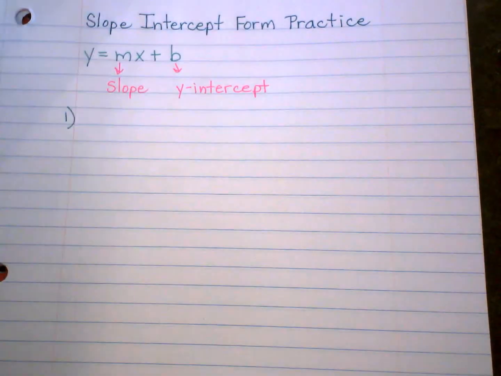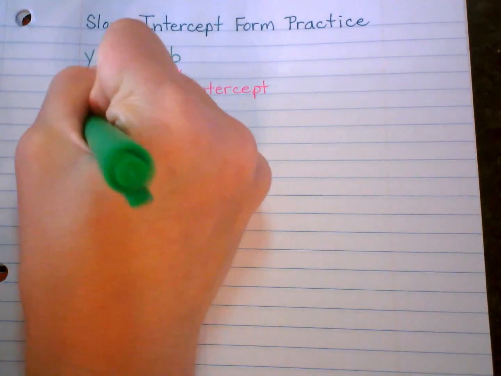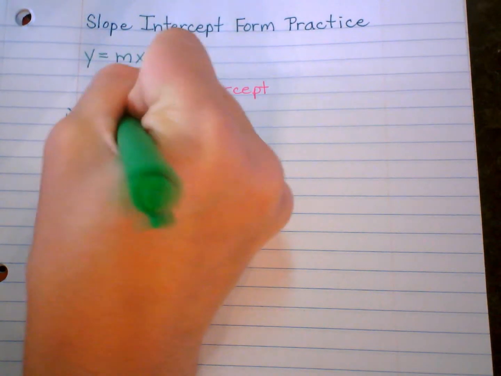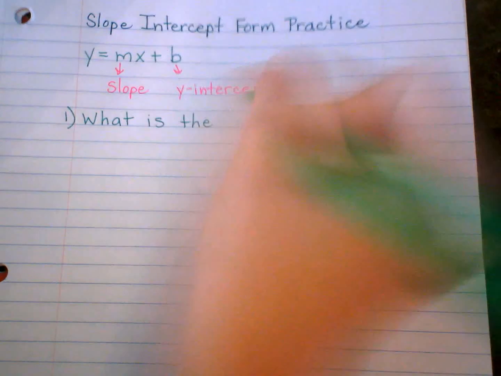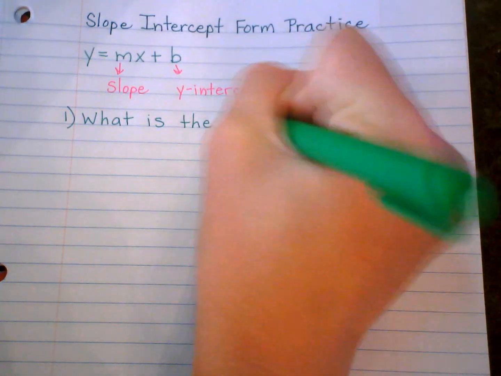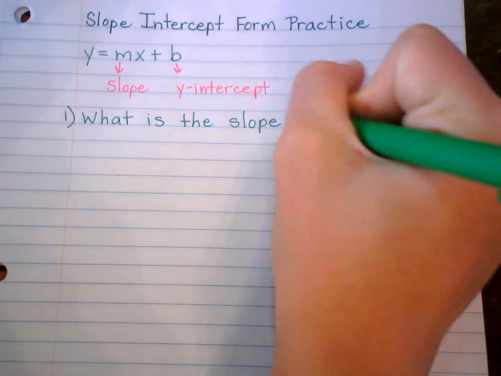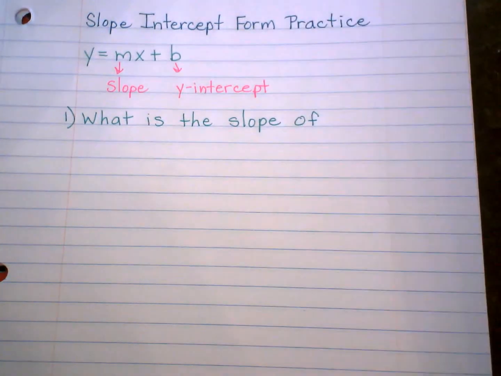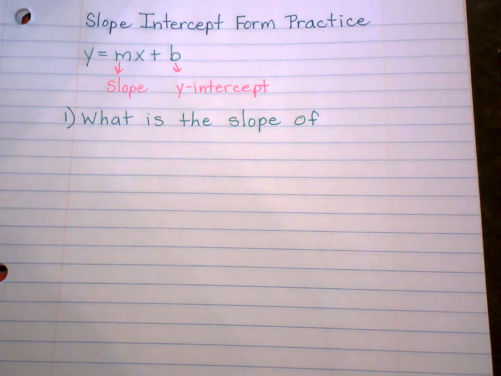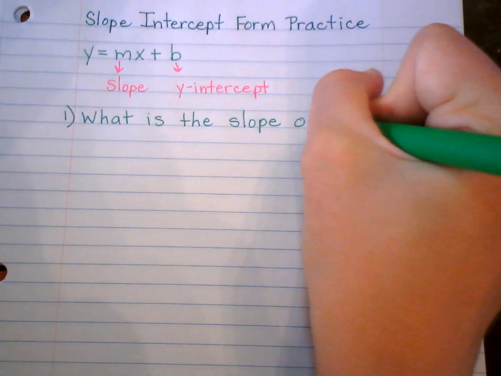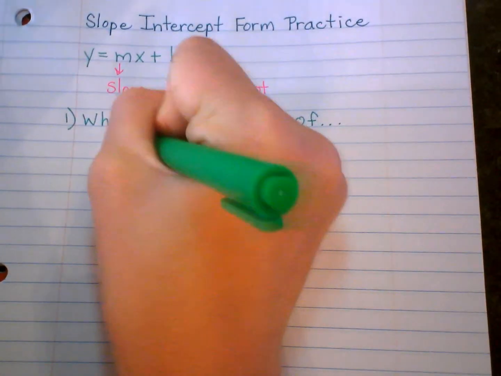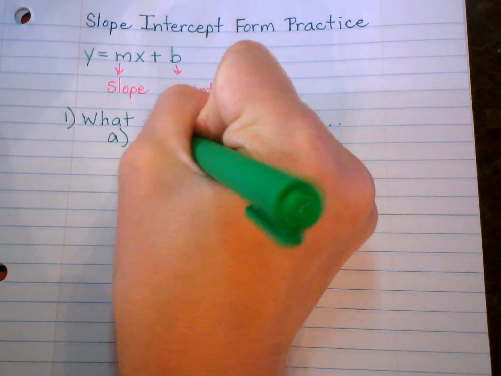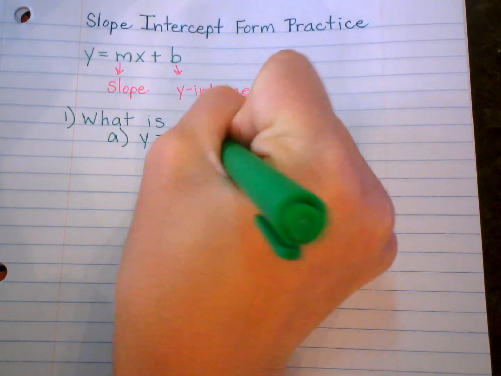Number 1. What is the slope of... So A is going to be y equals 5x minus 1.